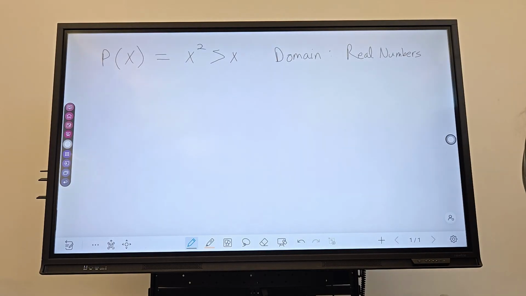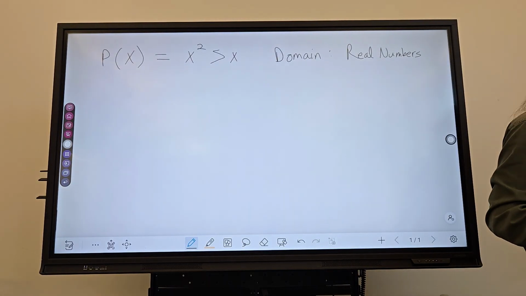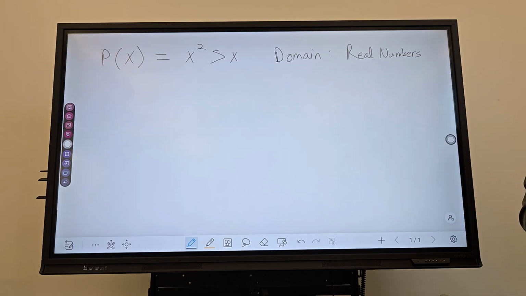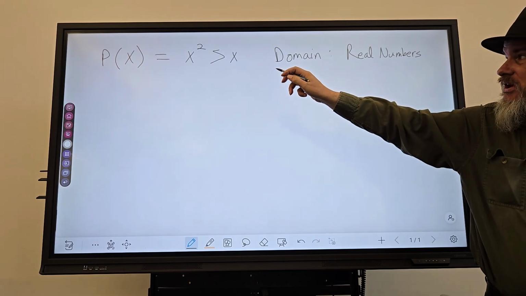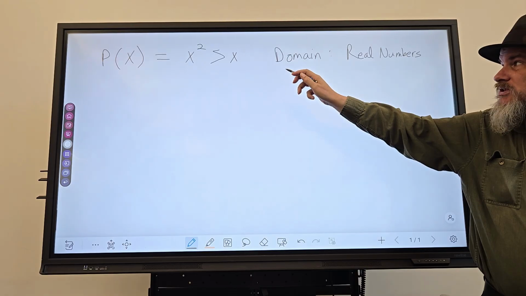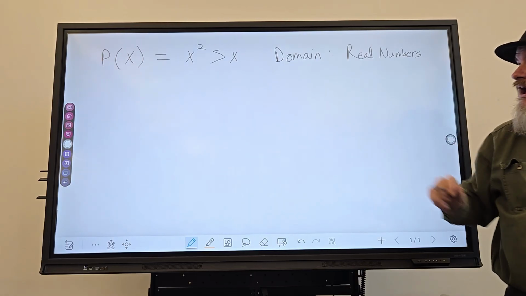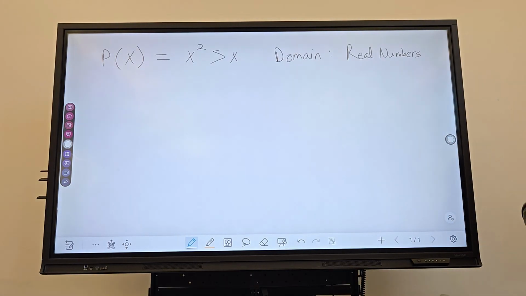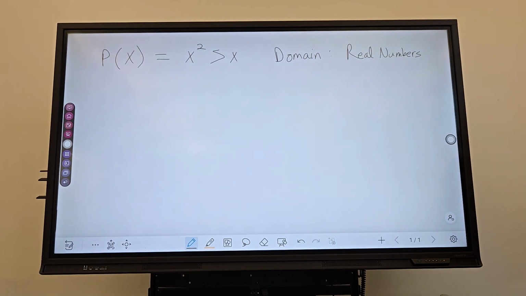Which of the following are true? Is P of 2 true? P of 2. If P of x is x squared is greater than x, yeah, it is true.